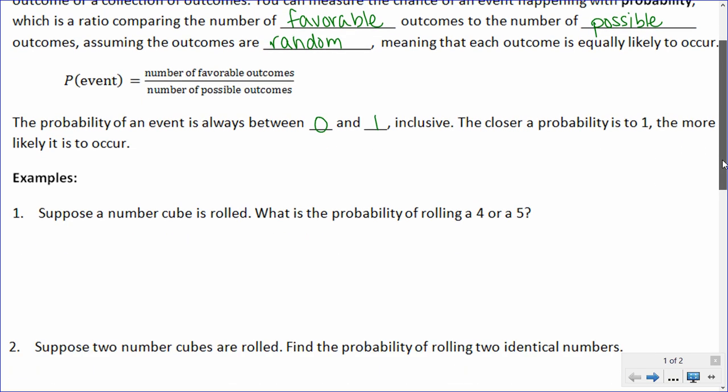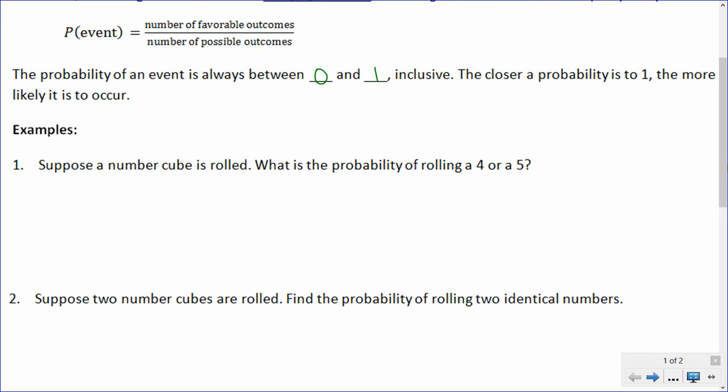So let's take a look at the first example. Suppose a number cube is rolled. What is the probability of rolling a 4 or a 5? Well, the numbers that could be rolled on this number cube are 1, 2, 3, 4, 5, and 6. And this set of numbers is called the sample space.